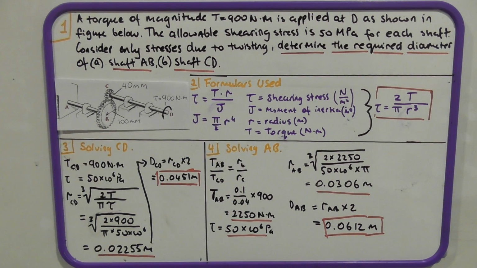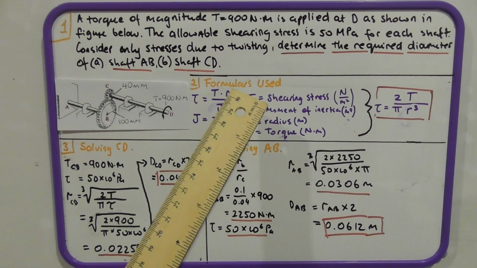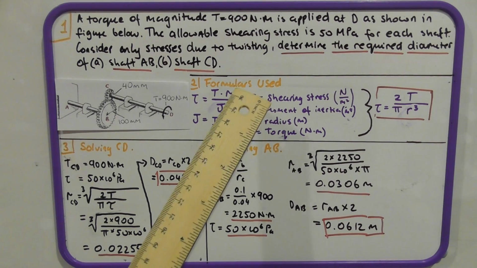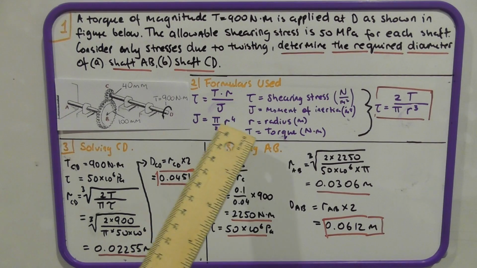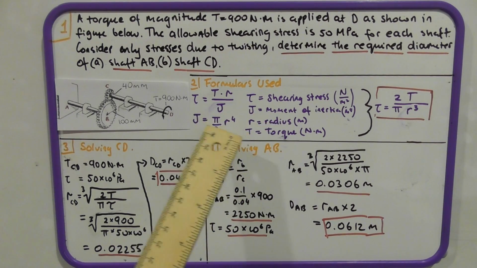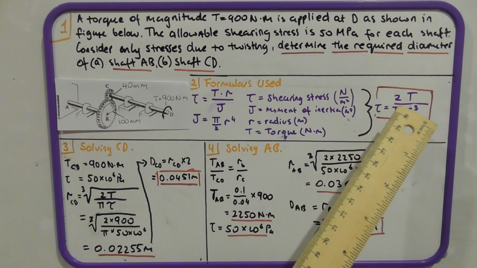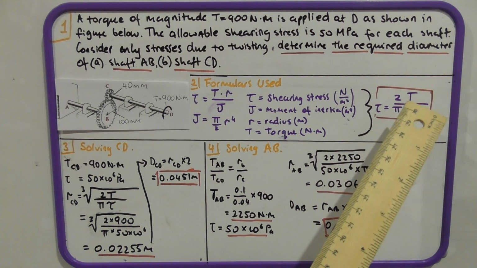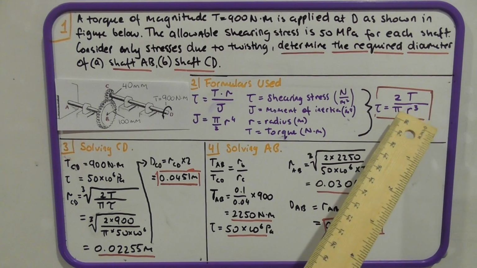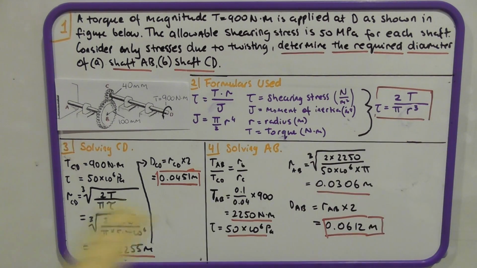Now, since we share a moment of inertia and a radius in both, we can combine these two formulas to make shearing stress equal to 2 times torque divided by pi r to the 3, using that simple algebra.